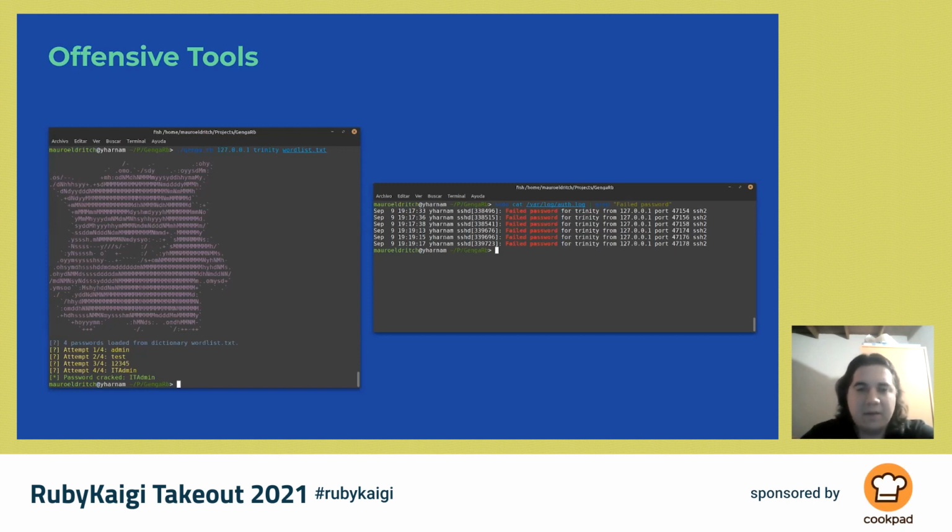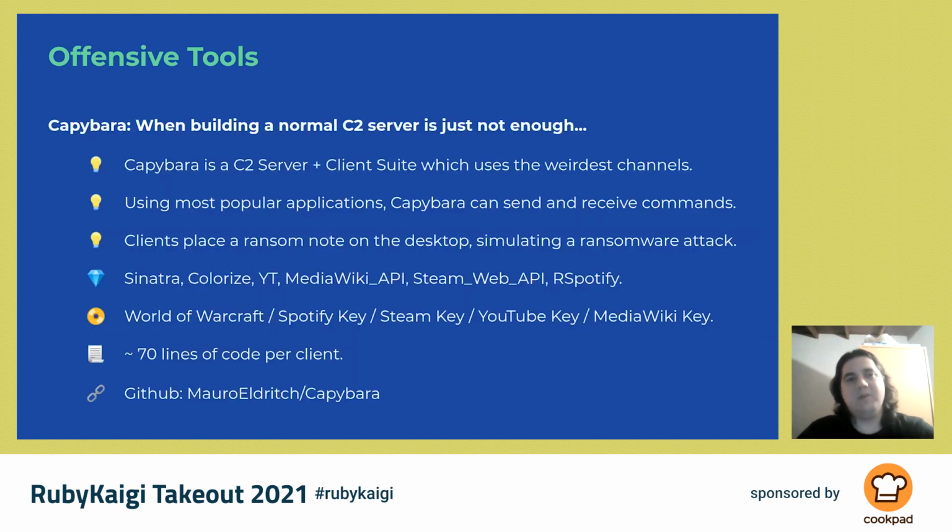And now is where we jump drastically to more complex things. So if you've been following up to here and thought this would be so basic, this is where we make the jump. I'll try to go as clear as possible. Another offensive tool that we have built is Capybara. Capybara is a C2 server and client.